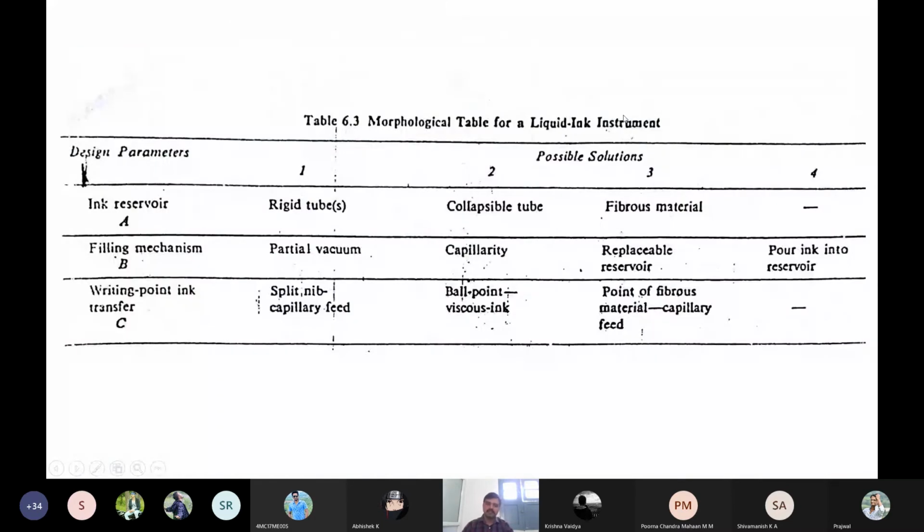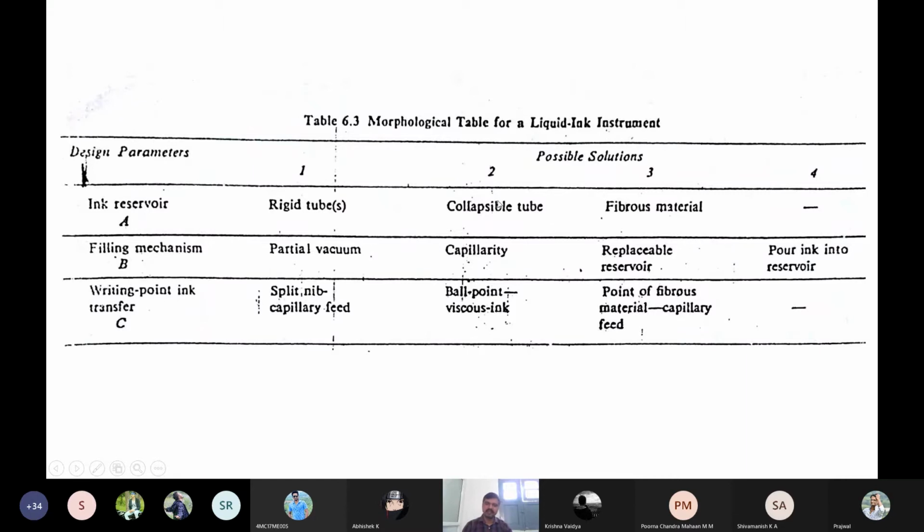If you consider design problem as pen, that is liquid ink instrument, in this case, design problem is broken down into 3 sub problems: ink reservoir, filling mechanism, and writing pointing transfer. Ink reservoir has 3 solutions, for filling mechanism 4, for writing pointing transfer 3. So you have to choose one among these solutions.